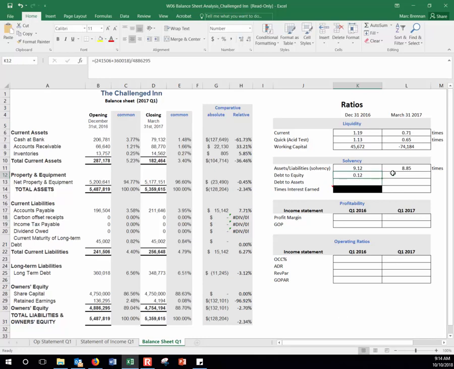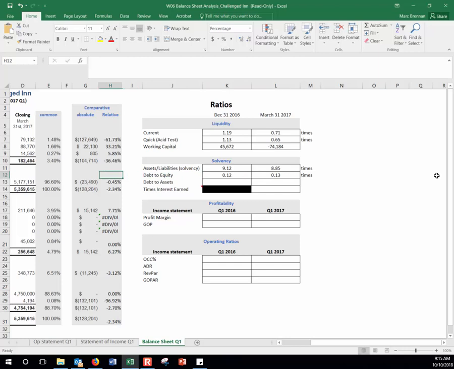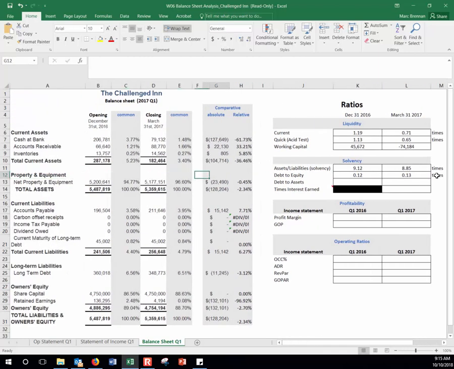I'm going to do the same here, except I'll just do it quicker. Now this wouldn't be shown as times. So this means that I have 0.12 times the amount of debt compared to my equity.